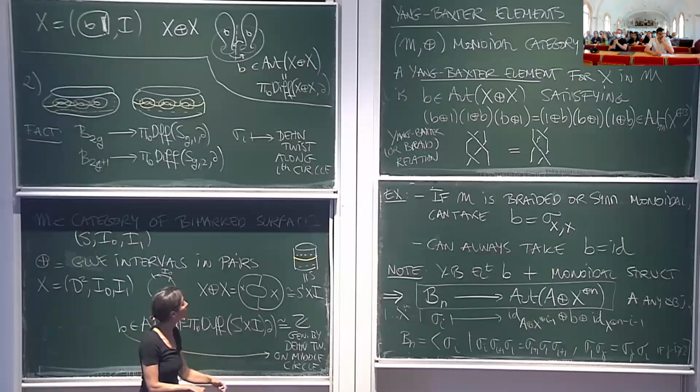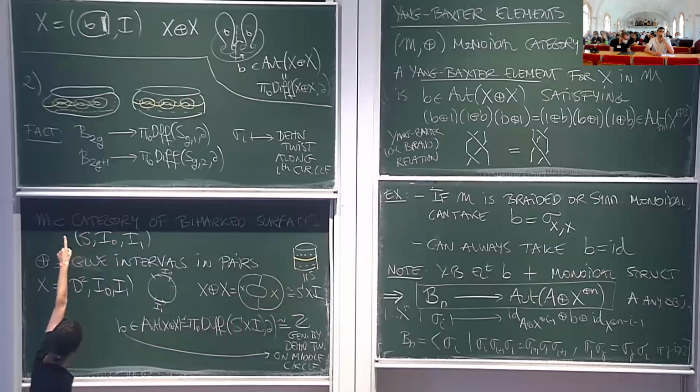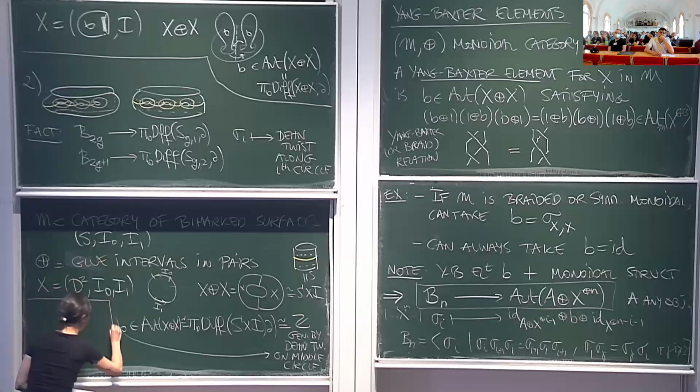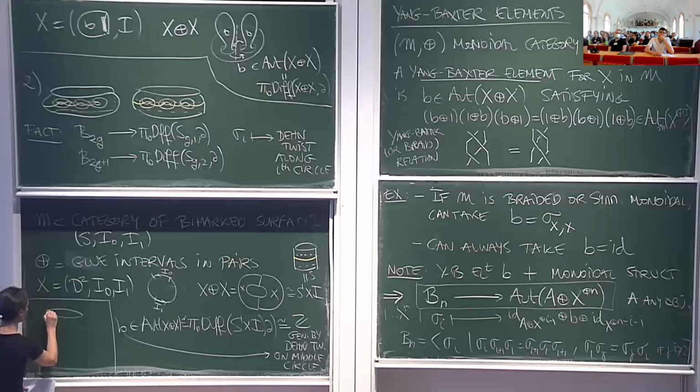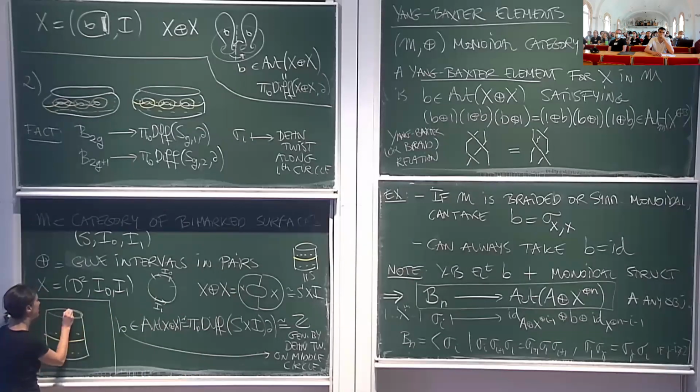And now you can see that, especially when I draw the cylinder like this, it starts looking a little bit like these surfaces before. So the fully honest picture is this. I have the cylinder, and we have our little circle here that we use for the Dehn twist. If I keep track of the intervals when I glue, and if I pay attention to what I'm doing, what I'll find out is my new intervals, one of them is going to be above, and the other one is going to be below.